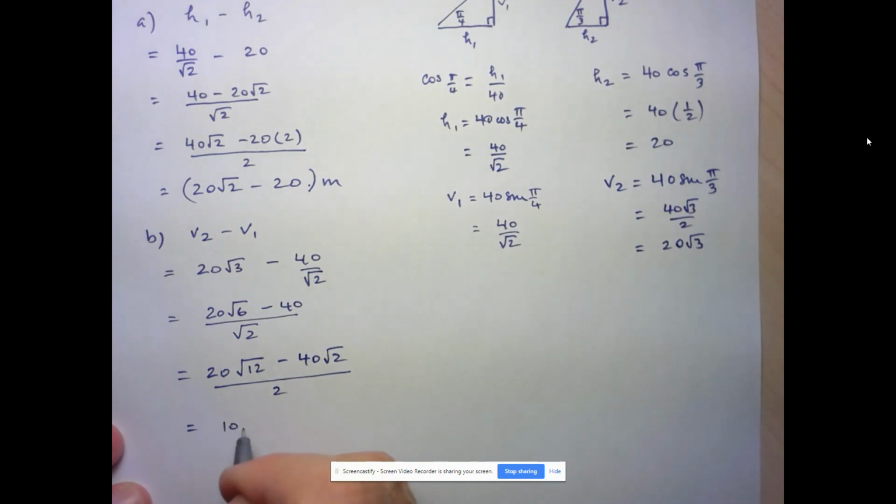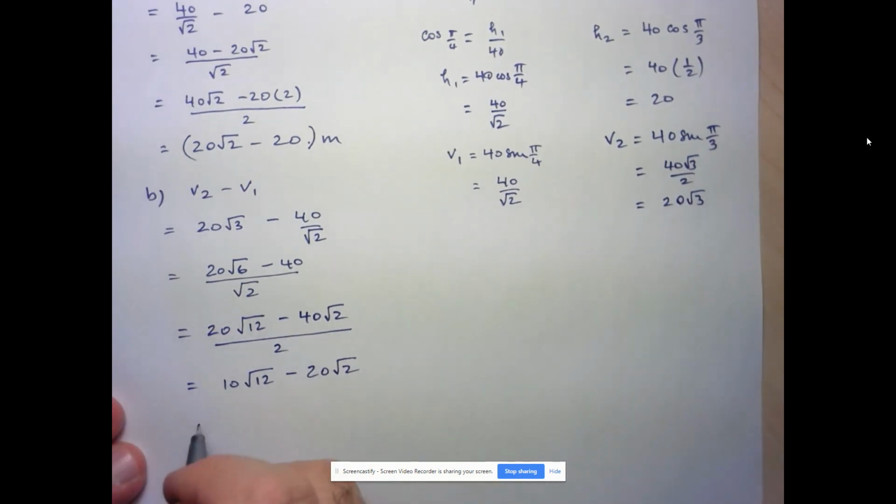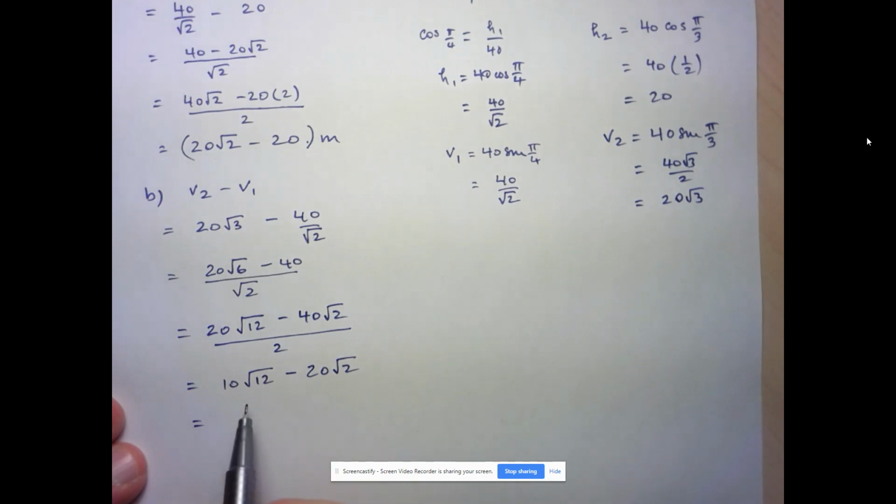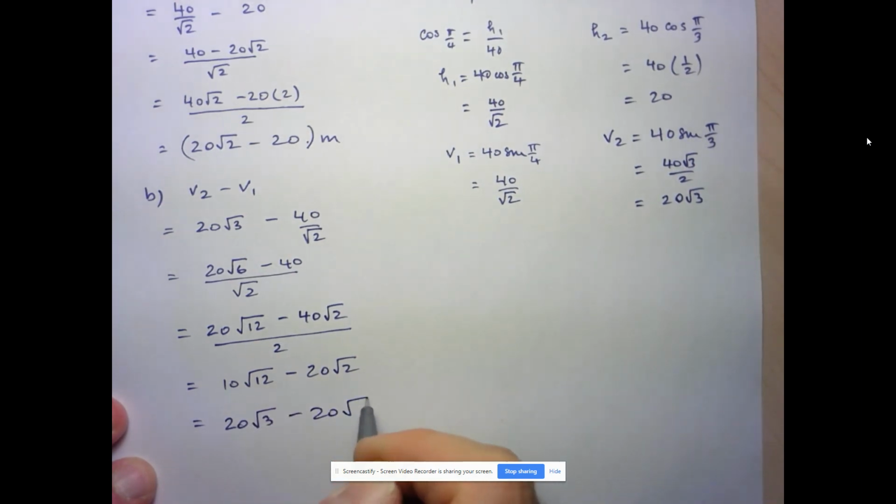So this will be 10 root 12 minus 20 root 2. And we can even go a little further because we know that root 12 can be written as root 4 times root 3. So square root of 4 is 2. So this would be 20 root 3 minus 20 root 2.